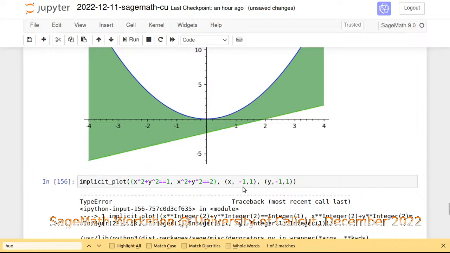I'm just trying x and y. Fill is axis. Okay, let me just see one more attempt.